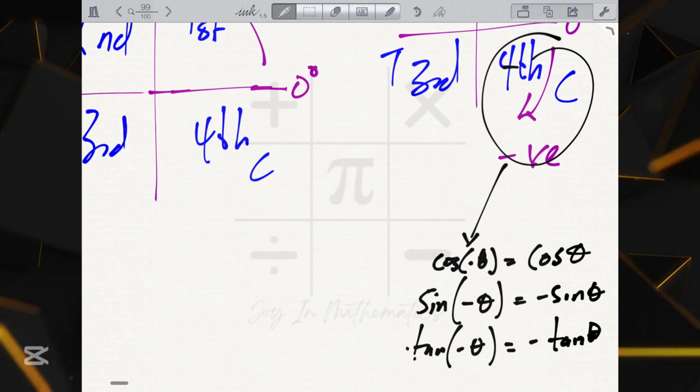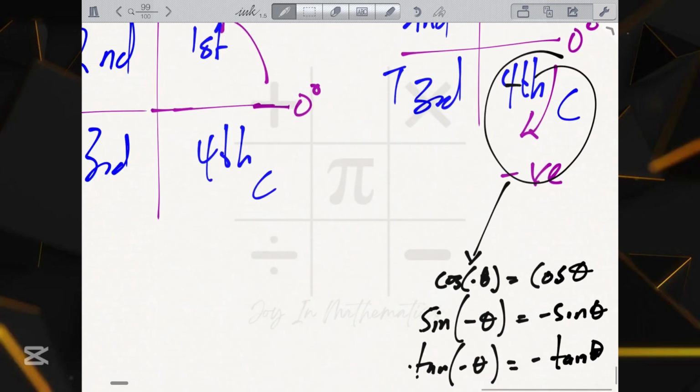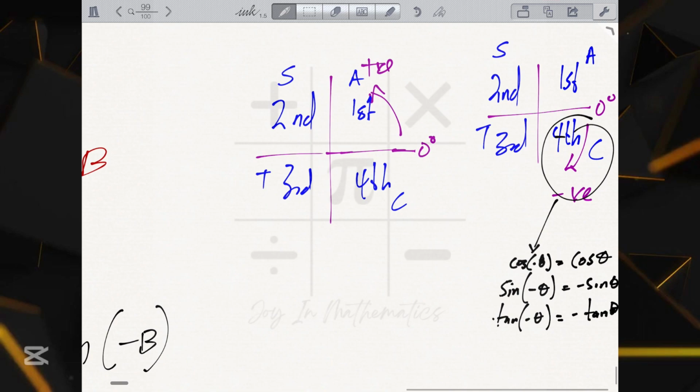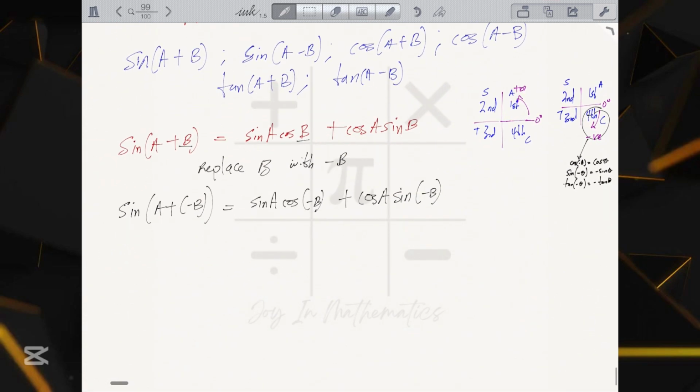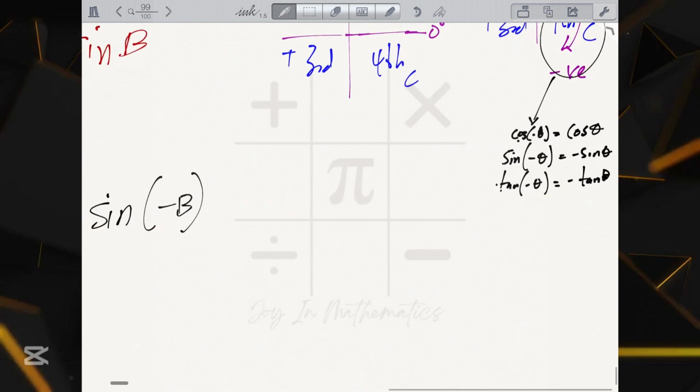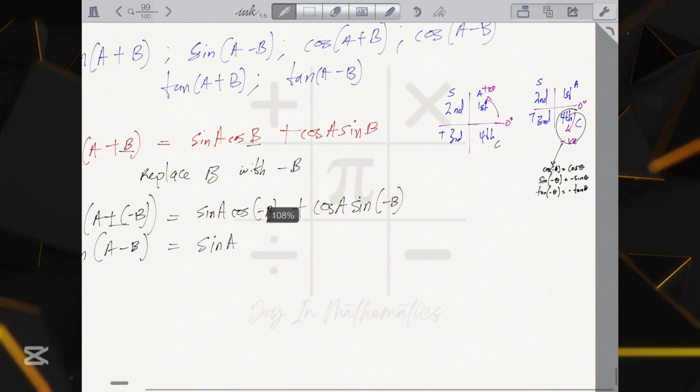This is because the negative angle falls in the fourth quadrant, and in the fourth quadrant only cosine is positive. So moving on, we can now simplify: we have sine A cos minus B, which is the same as cos minus theta, and if cos minus theta is cos theta, then cos minus B is cos B.